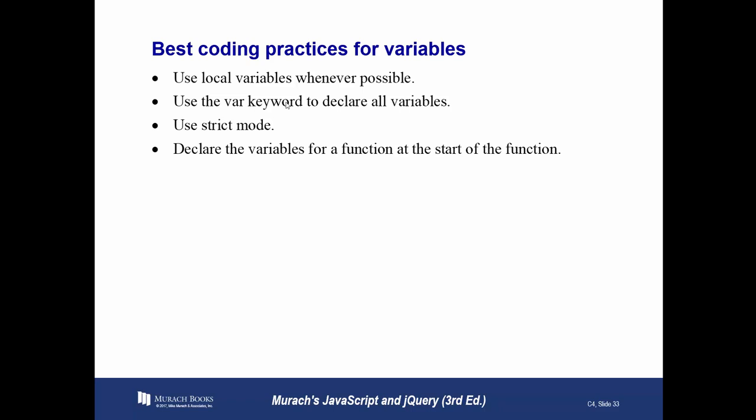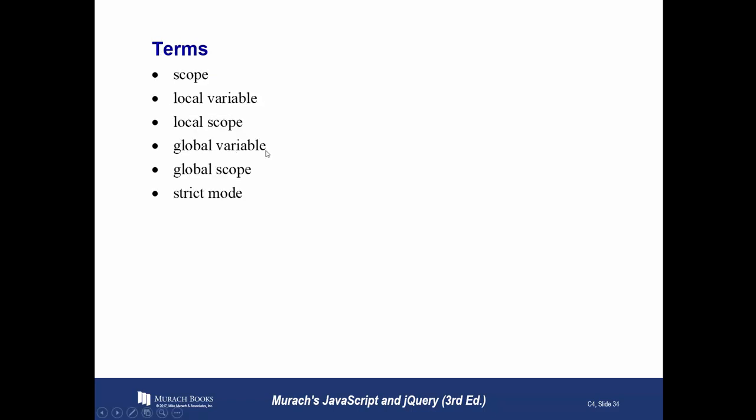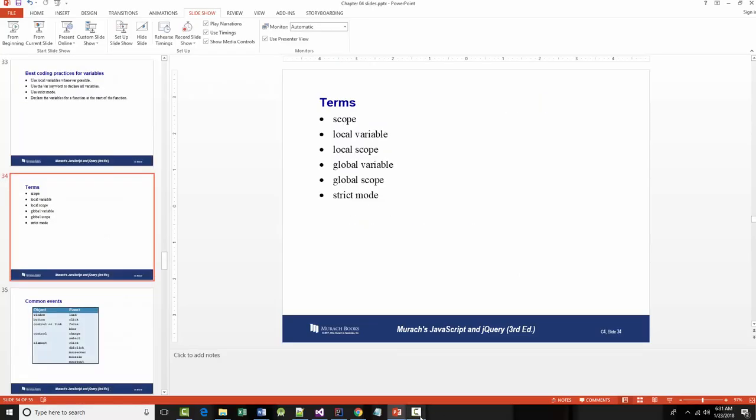Use the var keyword when you declare all variables, whether they're global or local. Use strict mode always. Declare the variables for a function at the beginning of the function. So we just looked a little bit at scope, local variables, local scope, global variables, global scope, and strict mode.